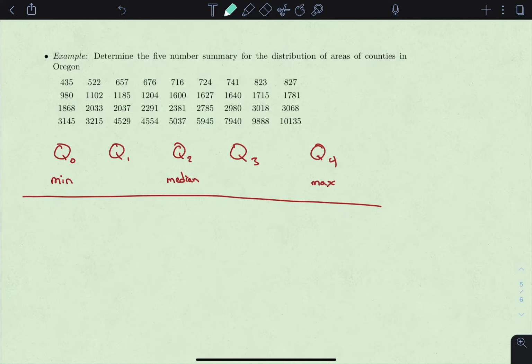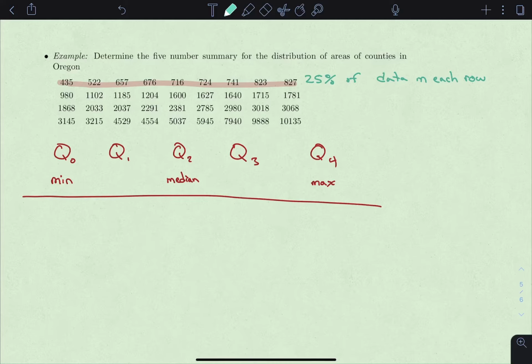It's very convenient that this list is already in order, because with 4 rows, each row is already worth 25% of the data. Take note of that. That's going to help us figure out Q1, Q2, and Q3, because those numbers were all about parsing the data at 25% increments.